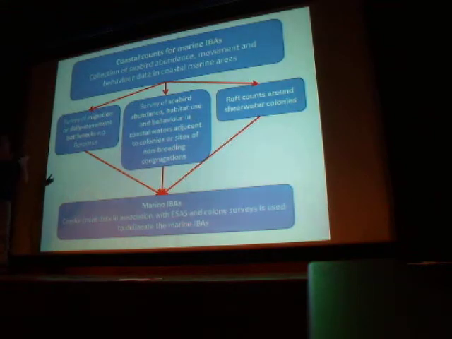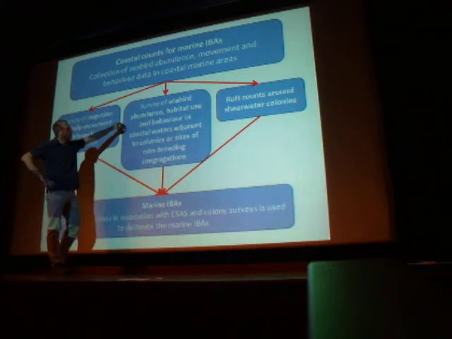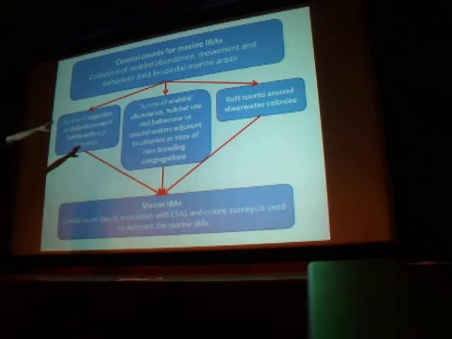So this is migration. And then you can assess by coastal counts how the birds use waters adjacent to coastal sites where they congregate for some reason, either because there are colonies there or there are roosting sites there.